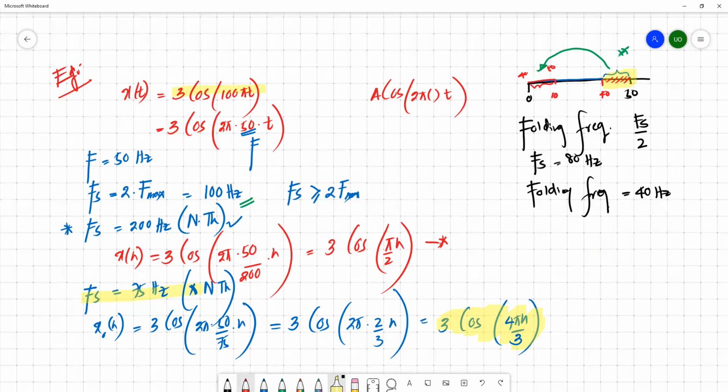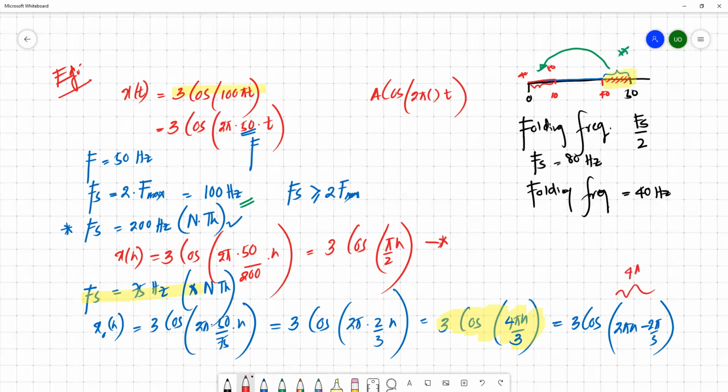Okay, so let's think about it this way. If you simplify this, you can write 4 pi as 2 pi minus 2 pi over 3, which gives the same signal.